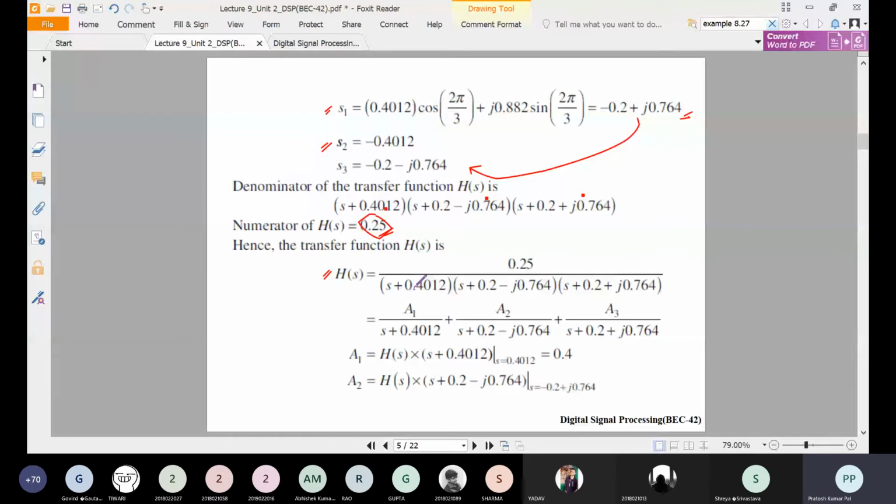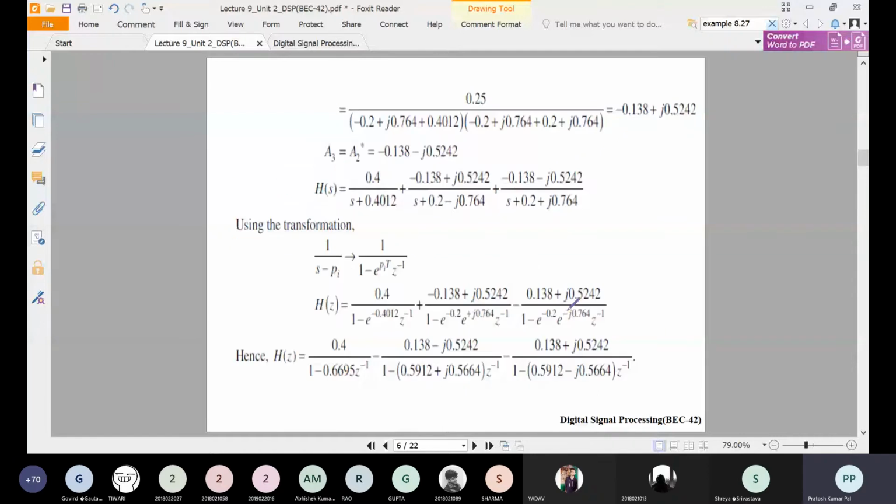In the impulse invariant method, we use the partial fraction method. Whatever method we have seen, the same we will use to separate it out, and after separation we will replace each pole term, 1 upon s minus p_i, by this term. After replacing, you will get the transfer function of a digital filter.